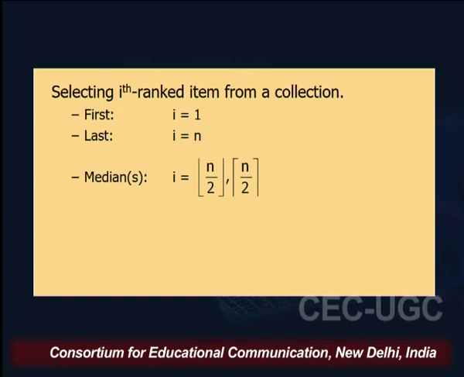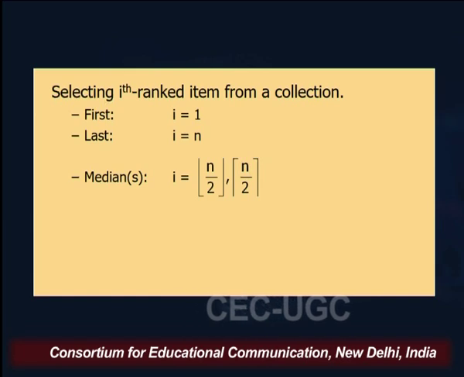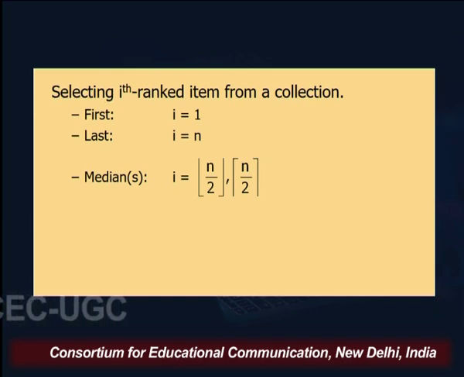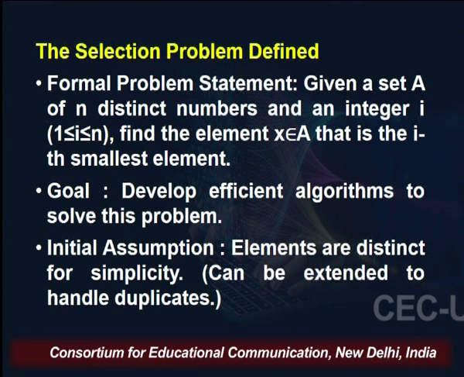If I am talking about the median, in case n is even, this median could be the floor of n by 2, or it could be the ceiling of n by 2, as I have given you the two specific cases of n odd and n even. So what actually is our problem? First of all, the problem is we need to determine the ith smallest element.